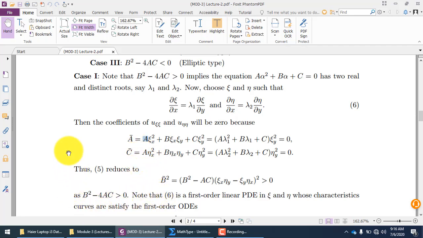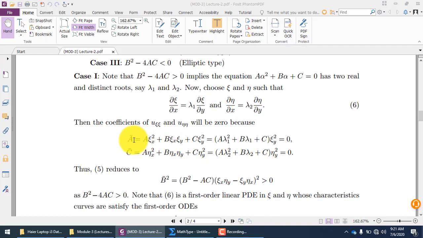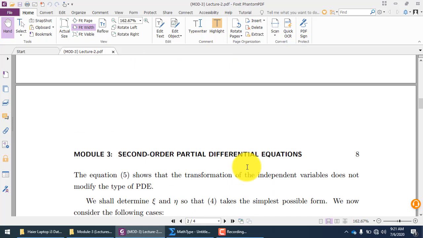So indeed the roots of that equation depend upon the choice of A, B, C. So for that equation A bar will be equal to 0 and C bar will also be equal to 0. What are the formulas for A bar, C bar?